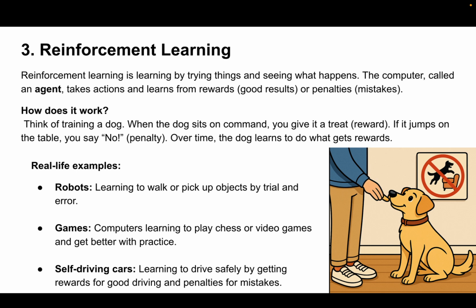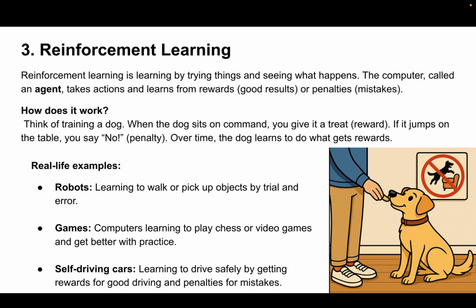How does it work? Think of training a dog. When the dog sits on command, you give it a treat. That's the reward. And if it jumps on the table or starts misbehaving, you say no. That's a penalty. So over time, the dog by itself learns what it can do to get rewards.